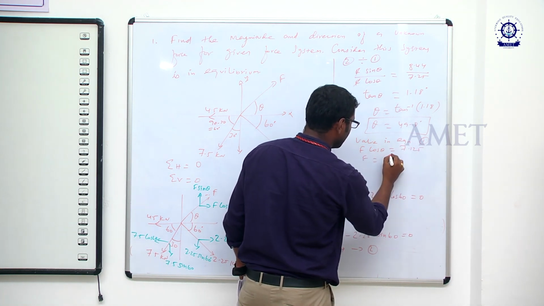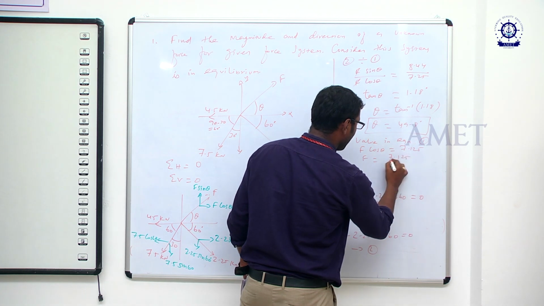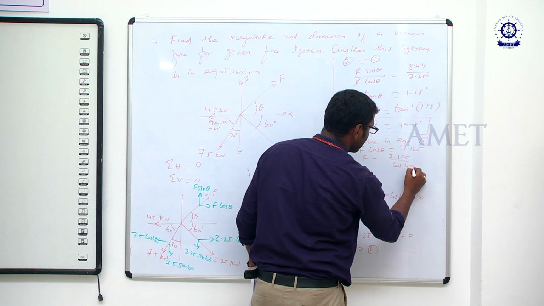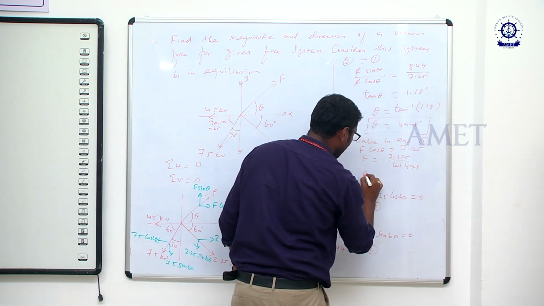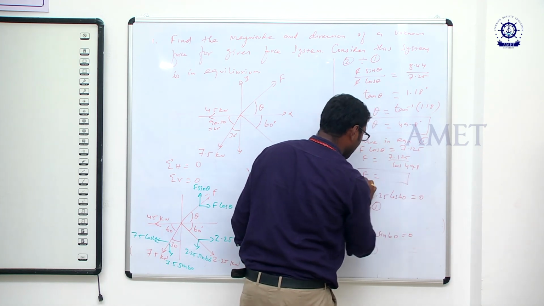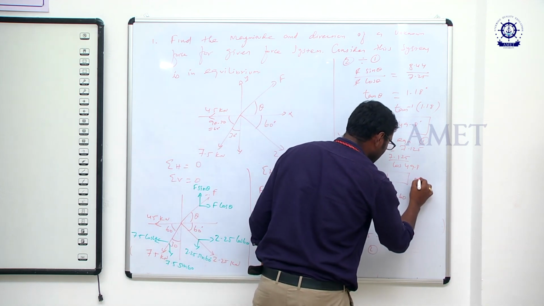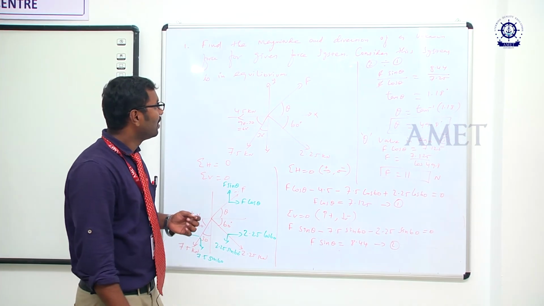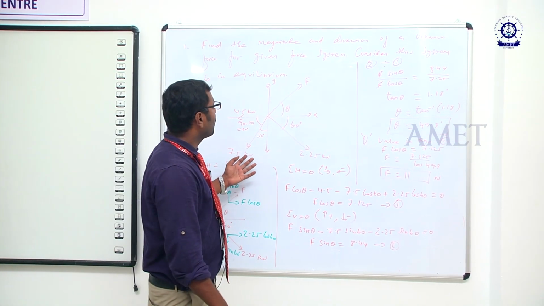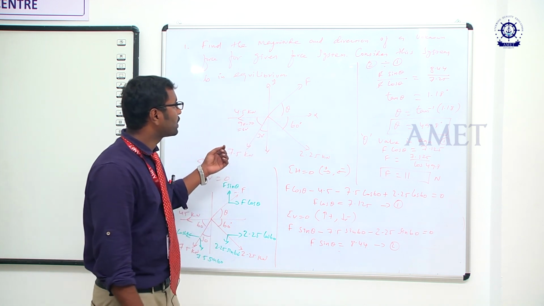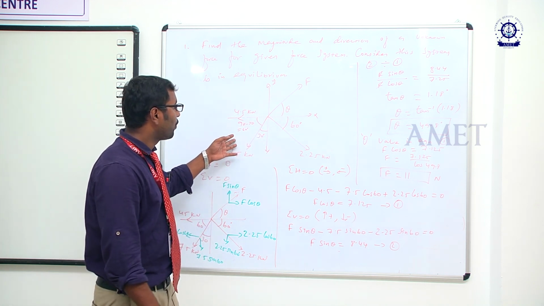So F equals 7.125 divided by cos of 49.8 degree. So the unknown force magnitude is 11 kilonewton.